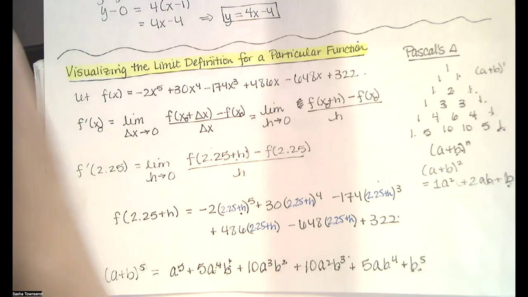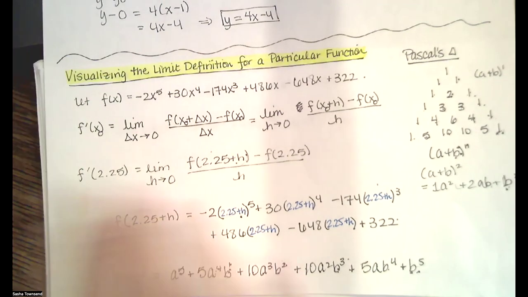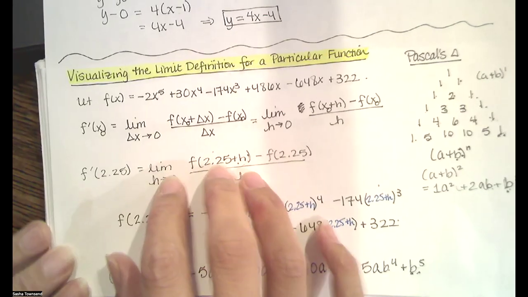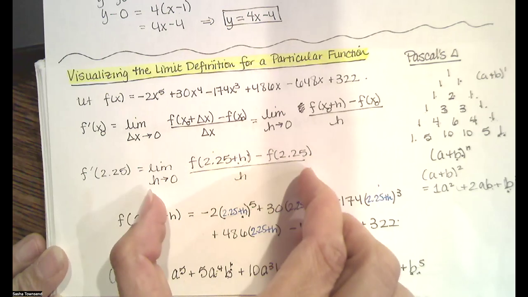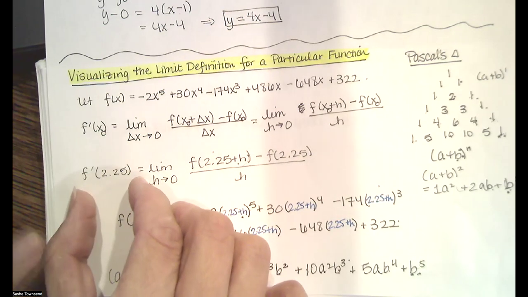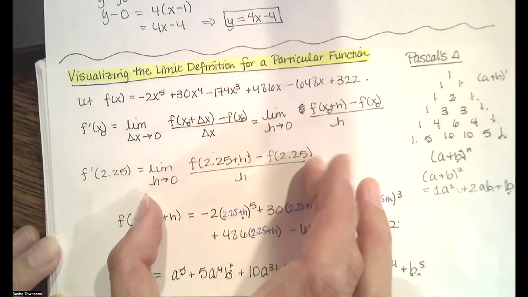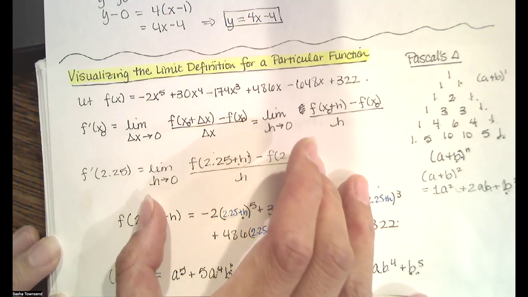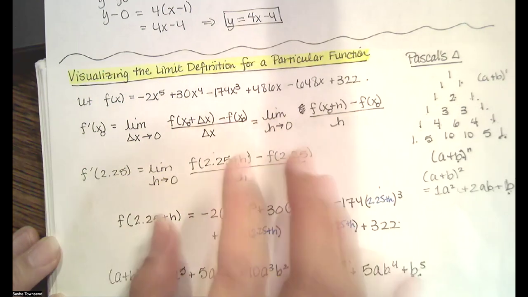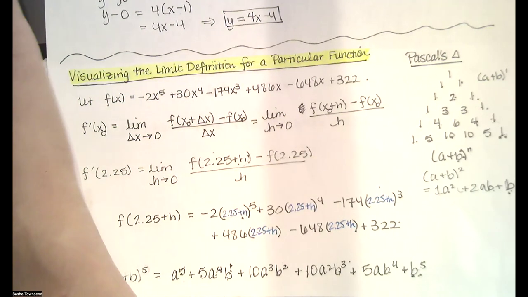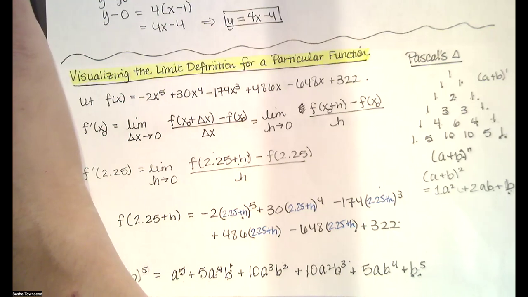So that's the plan. That's what it's doing. It's not exactly what the computer is doing, but it is the definition of what the computer is doing when it's computing that f prime of 2.25 for us. But that's how we compute the slope of the curve given by this function using the limit definition at 2.25. So let's visualize that on Desmos.com now.